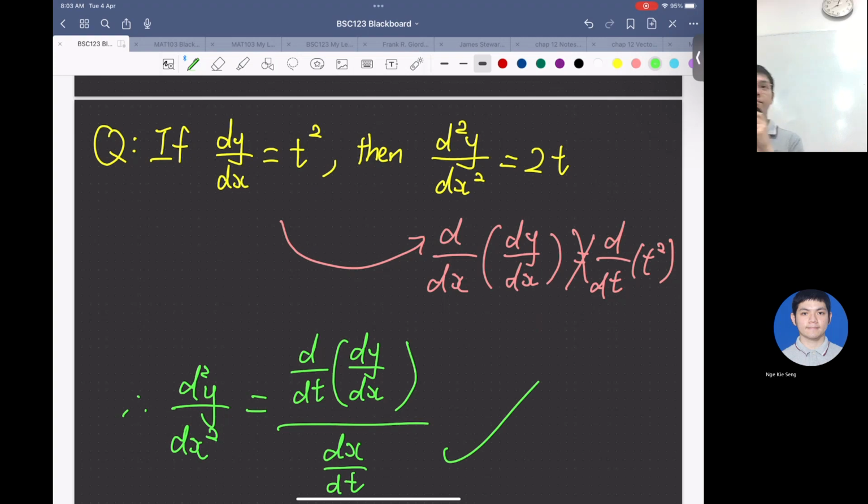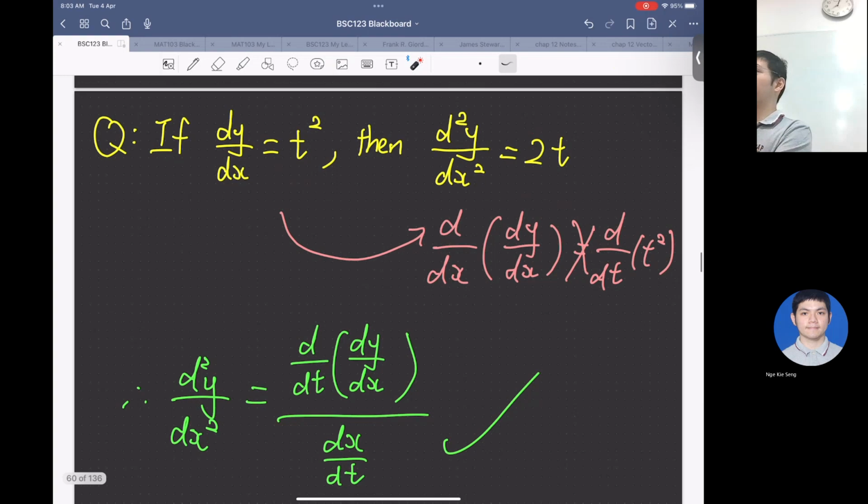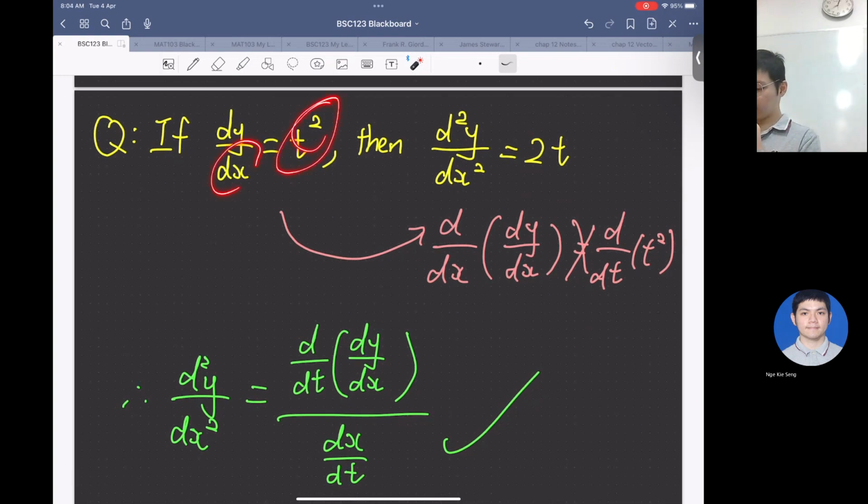Remember this formula. Always see what you are doing before you do it, and check your variable first. Any questions? Check your variable.